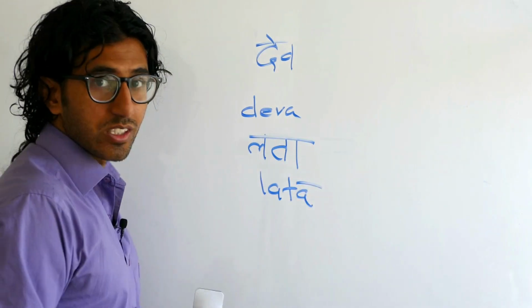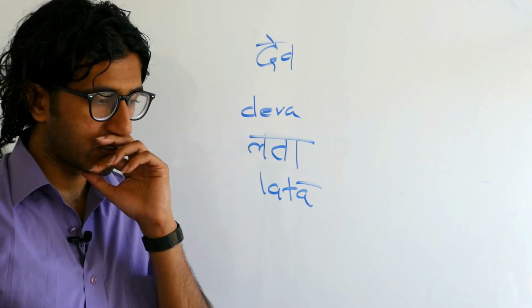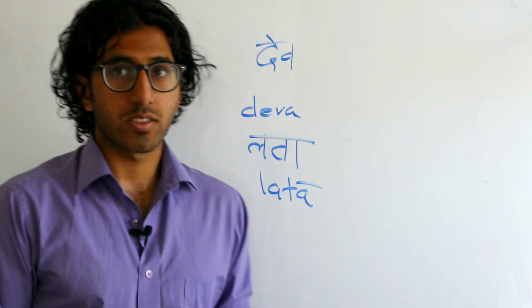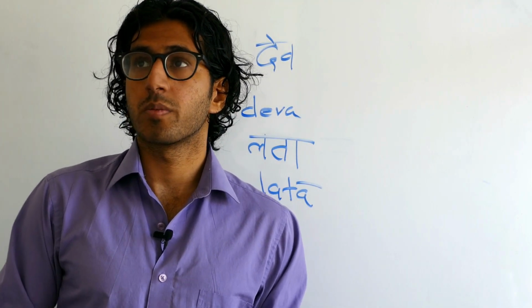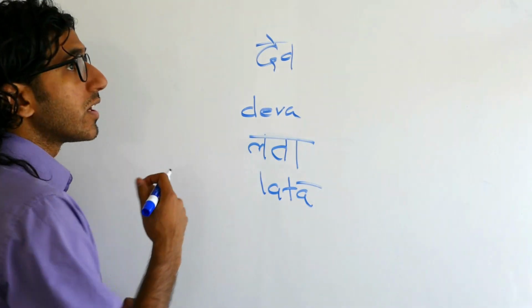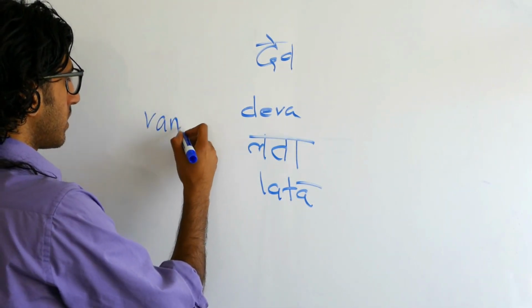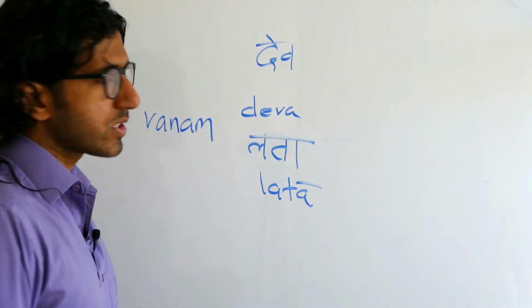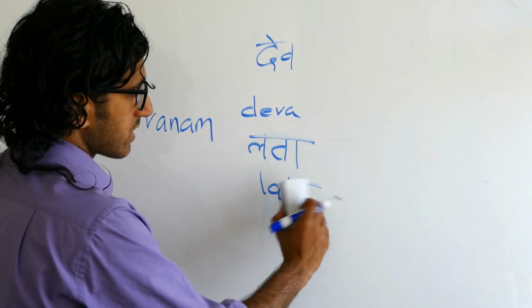You're getting the sound a little bit. Let's think of a word here. So a simple word. So let's say, for example, vanam. So we'll say like vanam, vanam. Okay, so vanam, right?